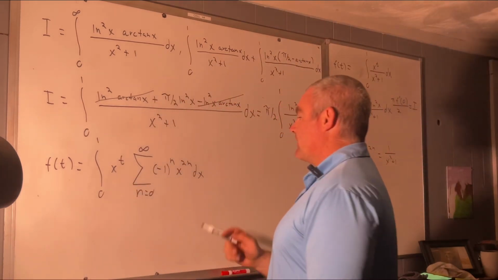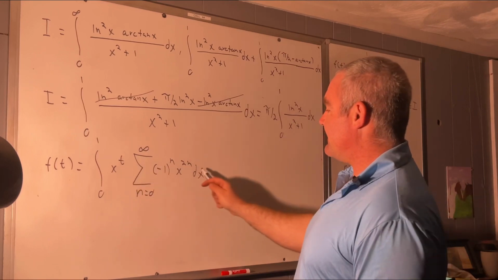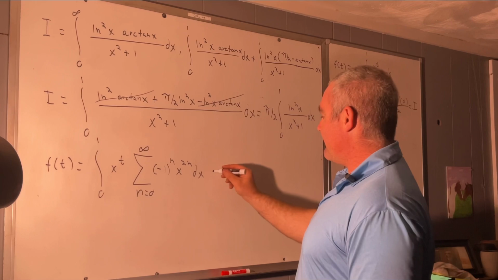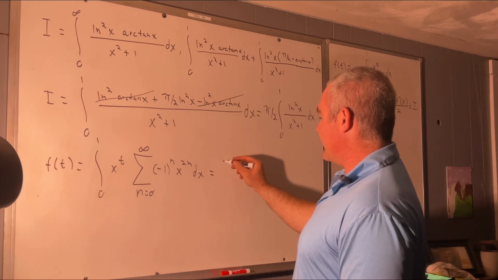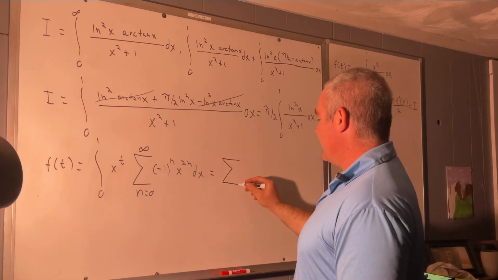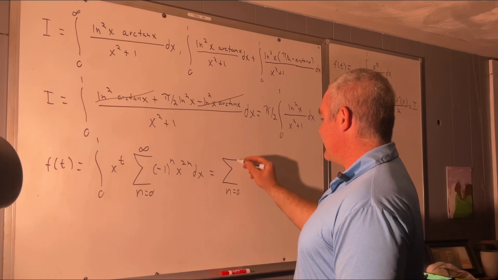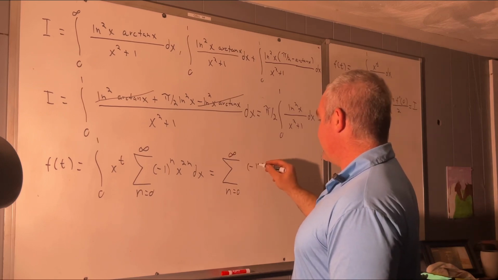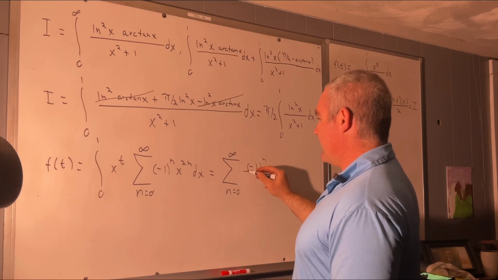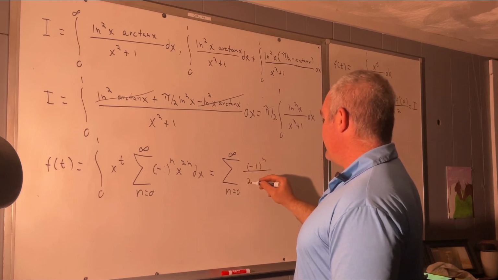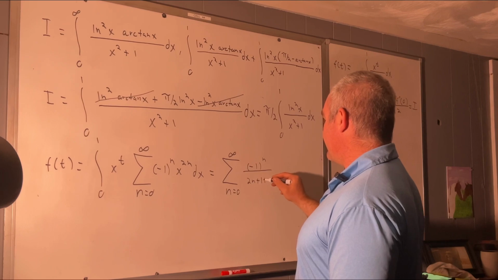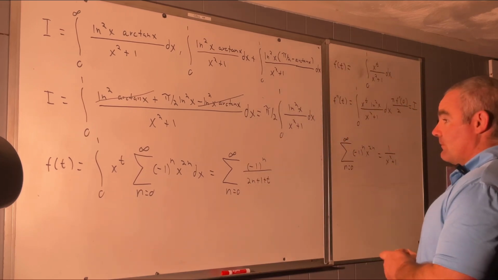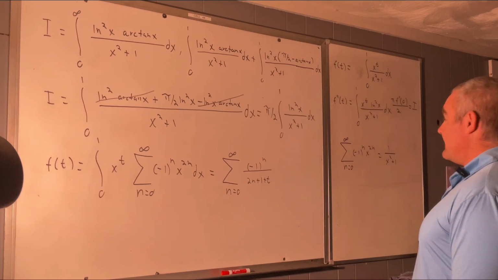No problems with convergence. We can bring that x to the t inside there as a power on x. So all in all, this is just going to give us the sum from n equals 0 to infinity of negative 1 to the n over 2n plus 1 plus t. All right, so there's f of t.